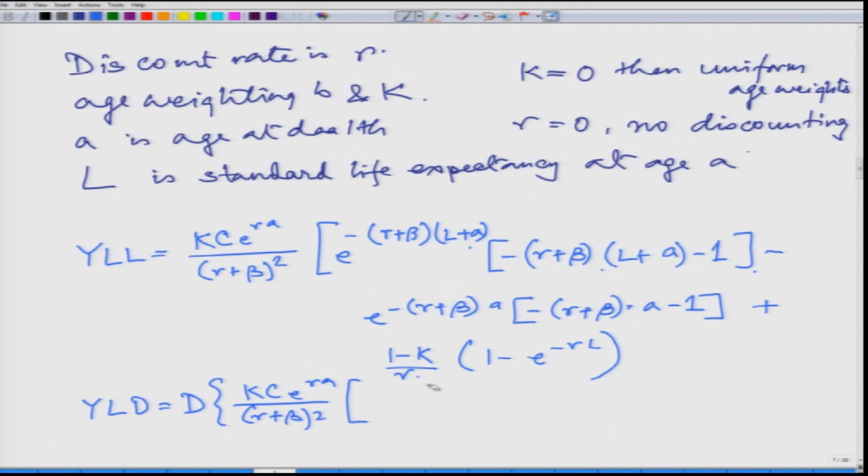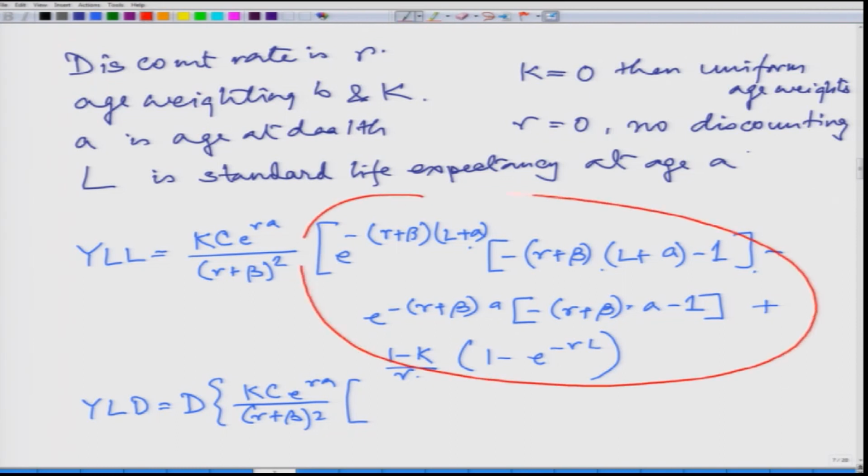I will mark this component as tau, the rest are the same. So this is how we estimate it, and the bracket closes here.